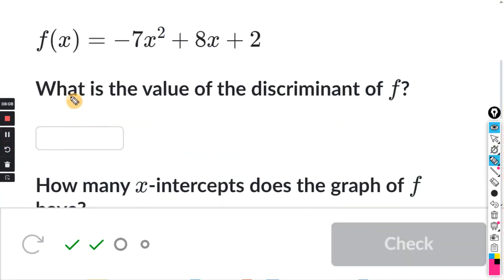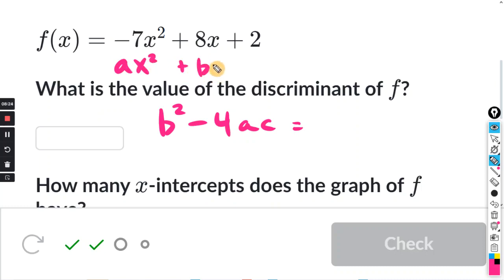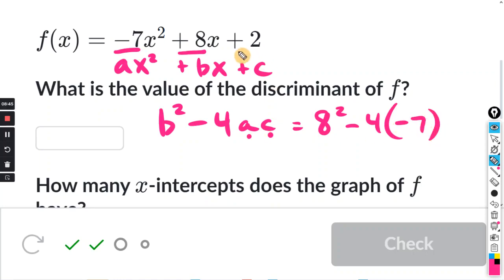Repeat of the first problem. What's the value of the discriminant? We're looking at B squared minus 4AC. This is set up nicely in the form of AX squared plus BX plus C. Perfect. B squared is 8 squared minus 4 times A, which is negative 7, times C, which is positive 2.